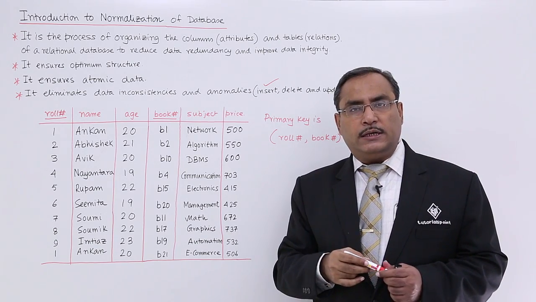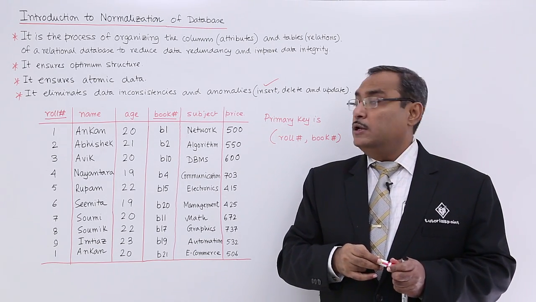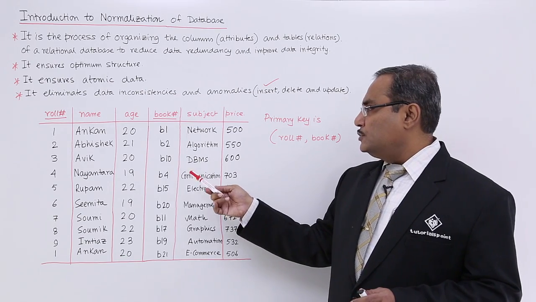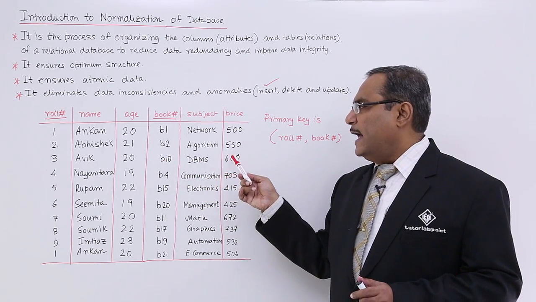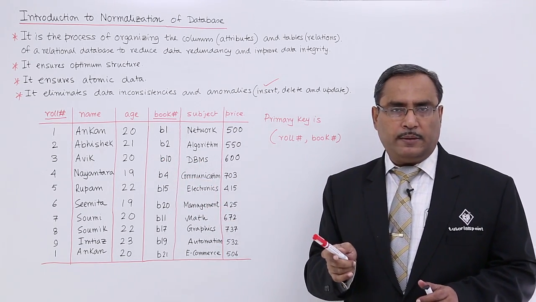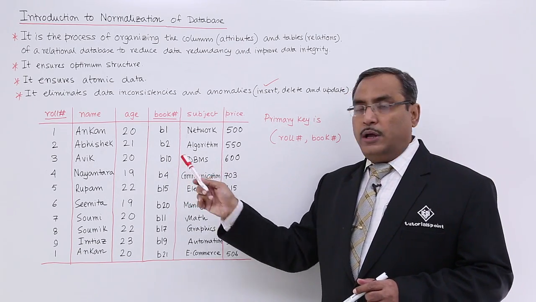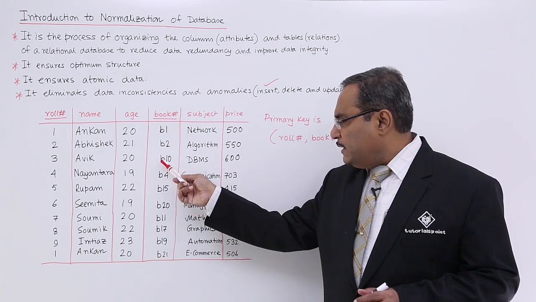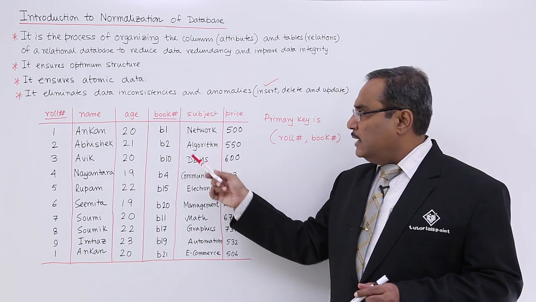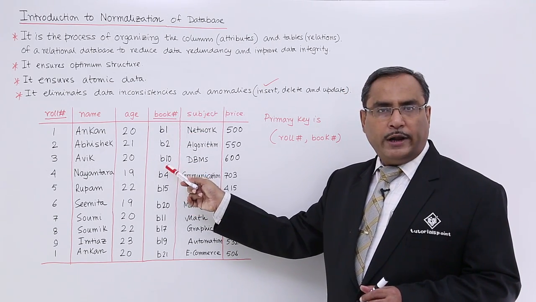Now we are going to discuss the delete anomaly. Now what is the deletion anomaly? Let us suppose this particular book, DBMS, has been lost from the library. So this particular book has to be deleted. If we delete this particular book's details, then this book number will become void, null.